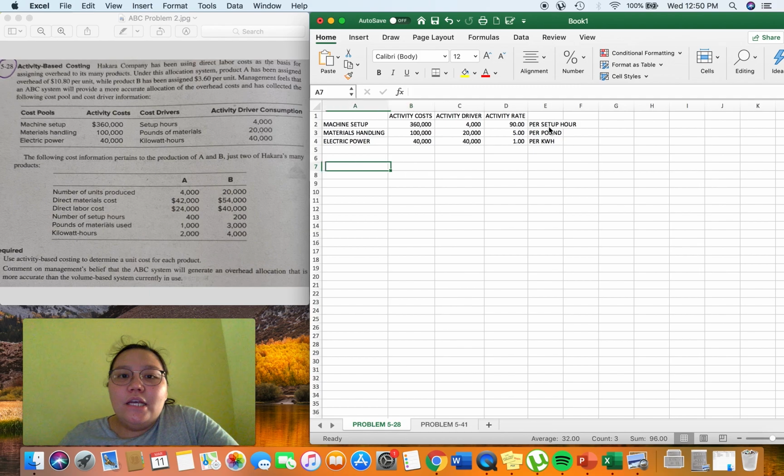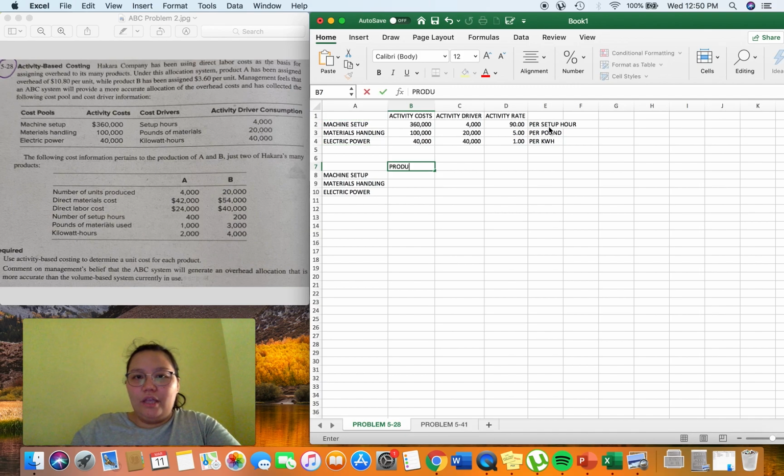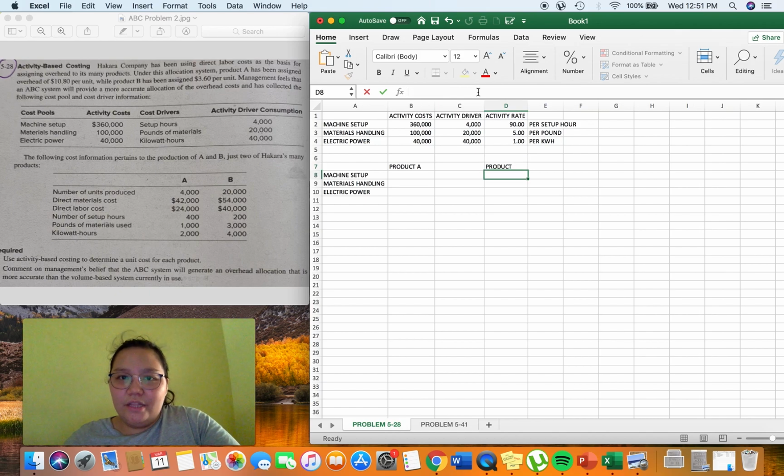Okay? So now, what we're going to do here is to compute for the overhead allocation for each product. Okay, so machine setup, product A, and then product B. What is important here is for us to know how many setup hours, pounds of materials, and kilowatt hours each product utilizes.